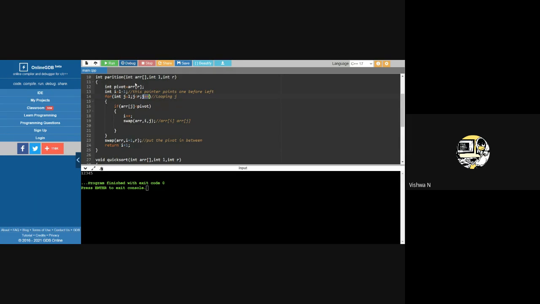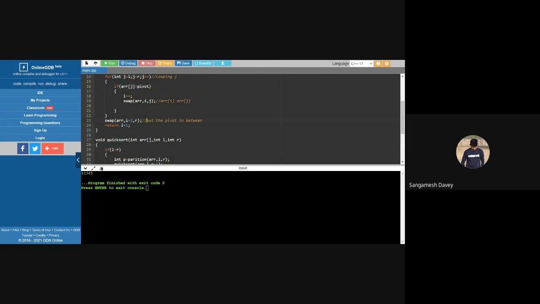Once I've reached the end of the array, remember in the example how I was swapping 9 and 7 at the end. 7 was still at the end, and 9 was at the last pointer.